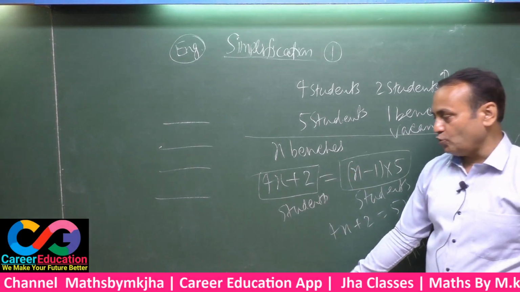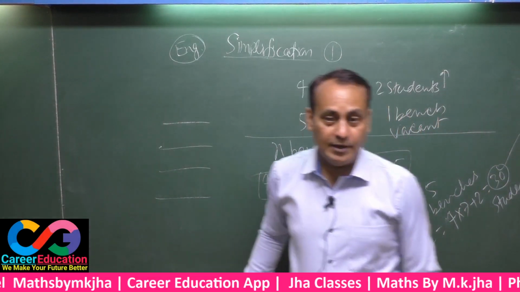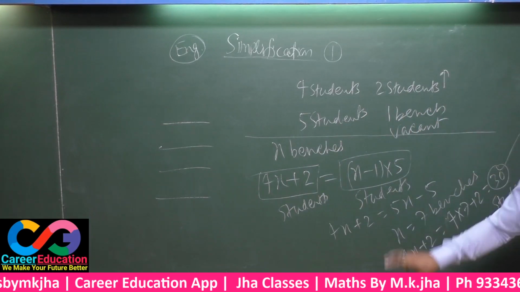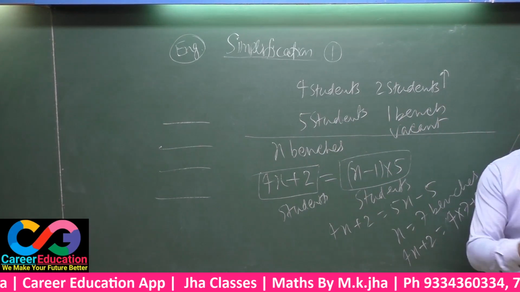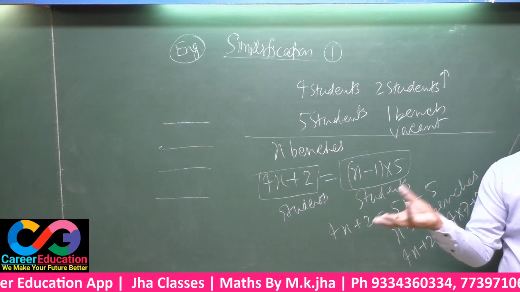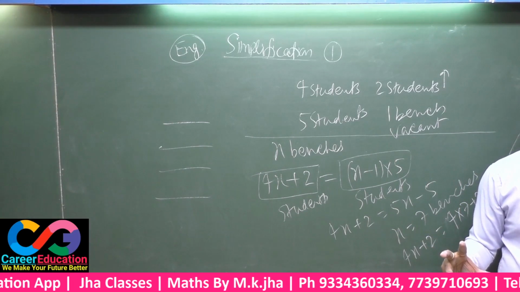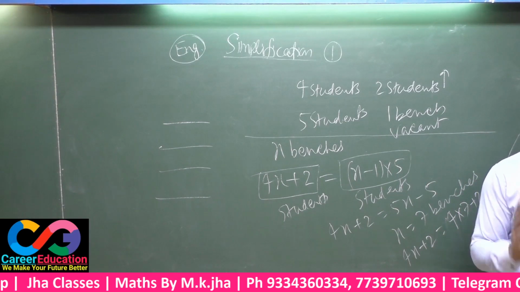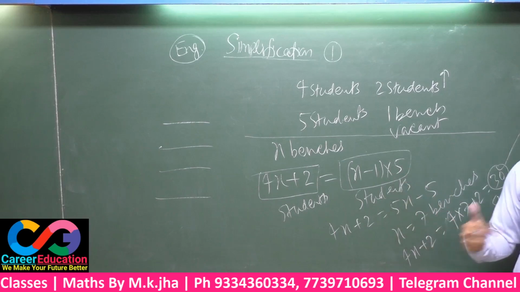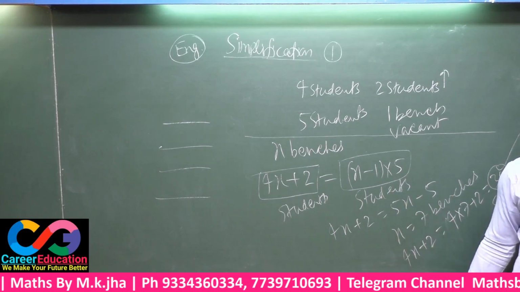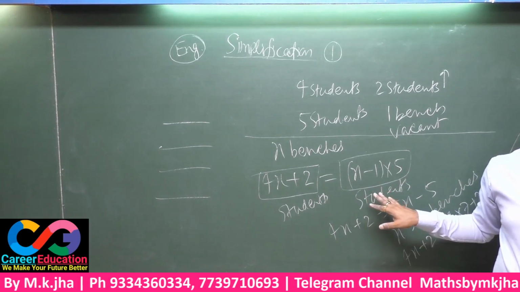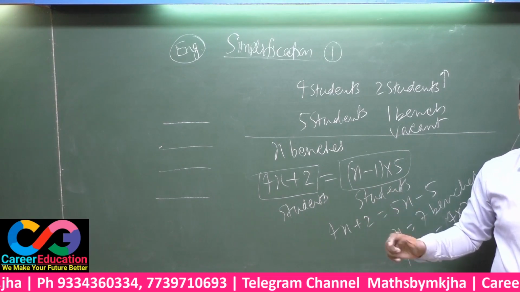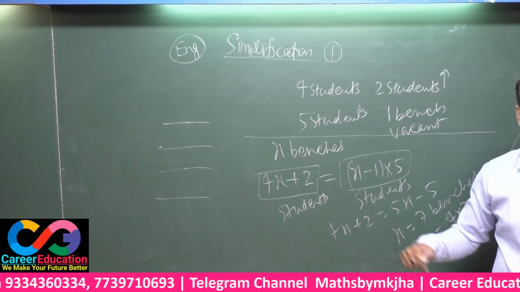Since 2 students remained standing, the arrangement was changed, and on each bench 5 students were seated. Certainly one bench remained totally vacant. That means x minus 1 benches were occupied by 5 students on each bench.